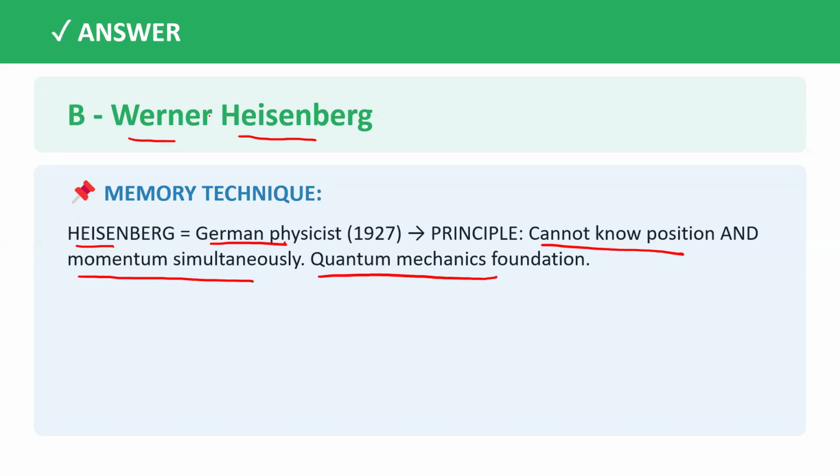You can remember it as Heisenberg uncertainty principle. We cannot know position and momentum. Everything is uncertain. So a German physicist Heisenberg introduced that principle.